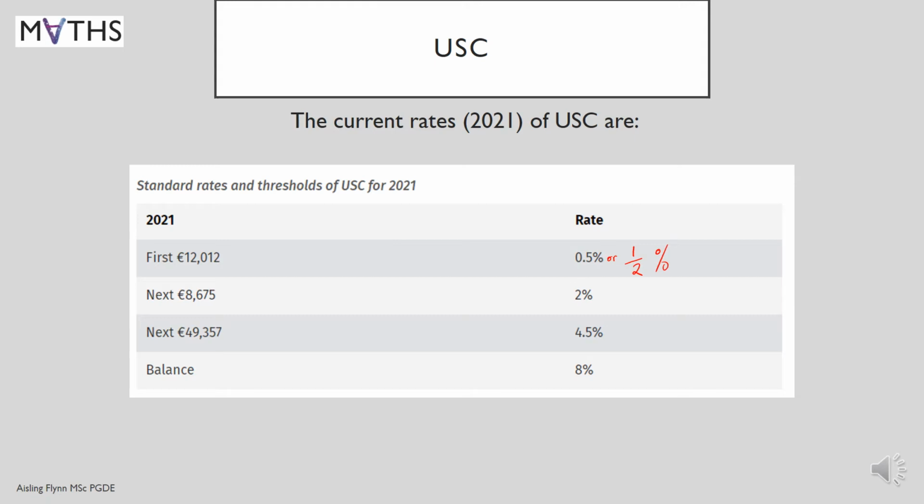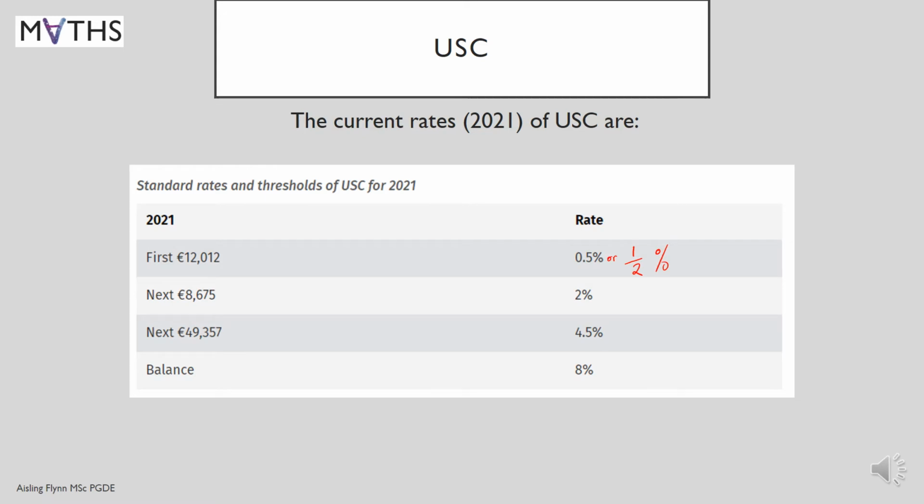Now, don't ask me who came up with these numbers. So if you earn more than 12,012 euro, you'll start to be taxed at 2% for the next 8,675 euros.